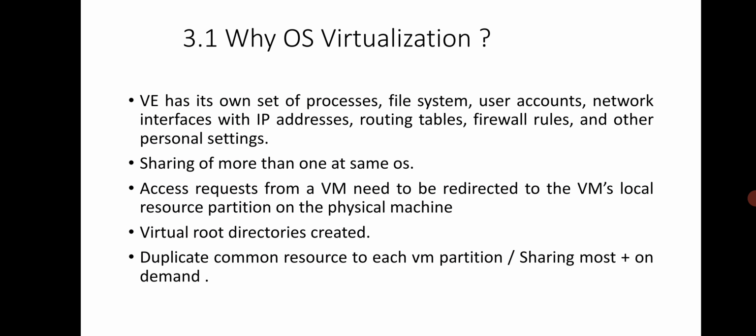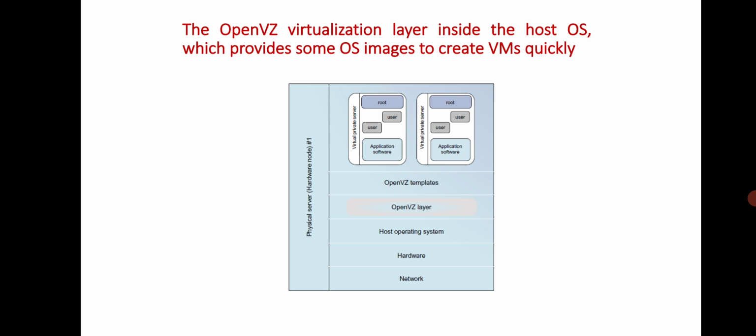A virtual machine has its own set of processes, file systems, user accounts, network interfaces with IP addresses, routing tables, firewalls, etc. So it shares the same operating system among more than one. Access requests from a virtual machine need to be redirected to the virtual machine's local resources partition on the physical machine.